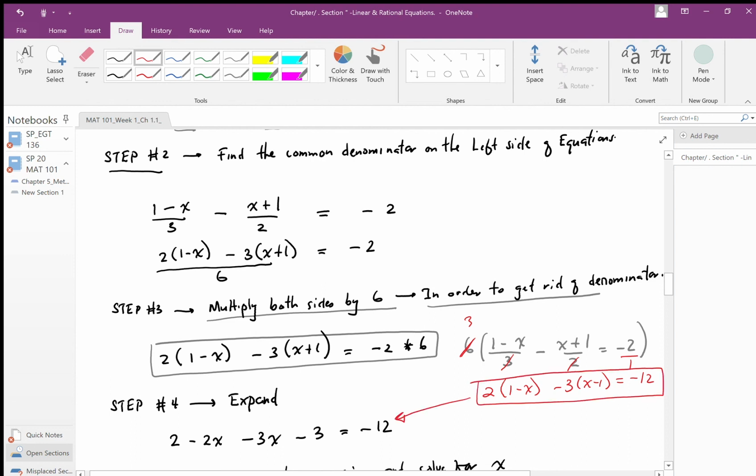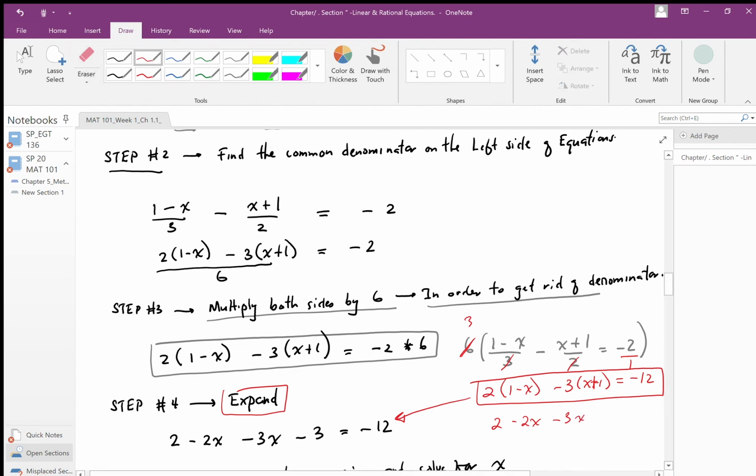This part right here is the expanded part. I expand, I get rid of these parentheses, that's 2 minus 2x minus 3x plus 3. Sorry, this has to be negative. That's negative 3. Let me just do that correctly.